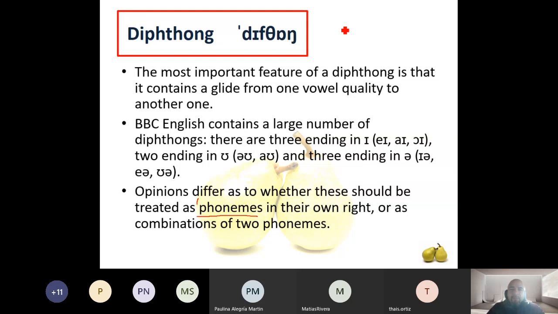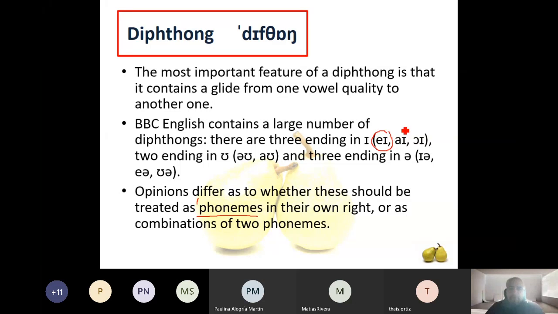For example, when we say play, the one that Matias read, the word play contains the sounds or phonemes p, l, and the diphthong. So we're going to count these phonemes as 3: p, l, and the diphthong that we consider one single unit.